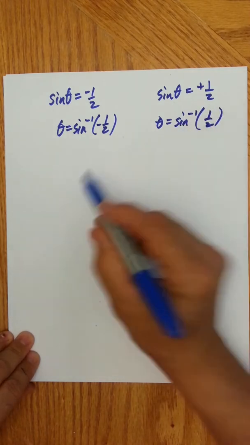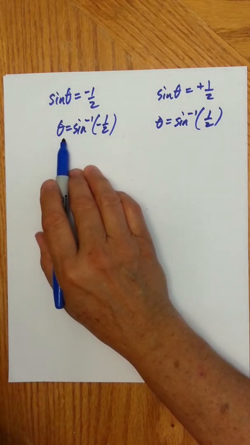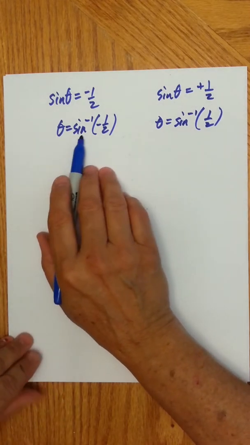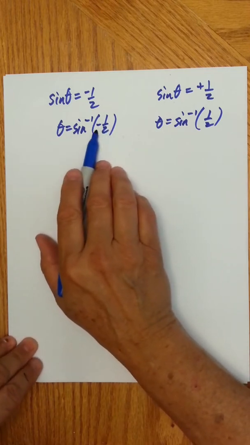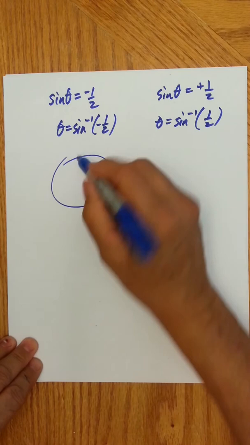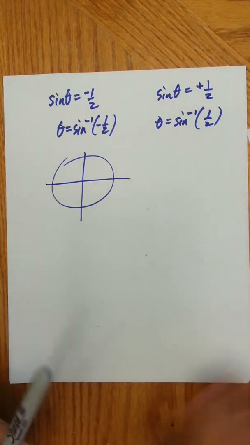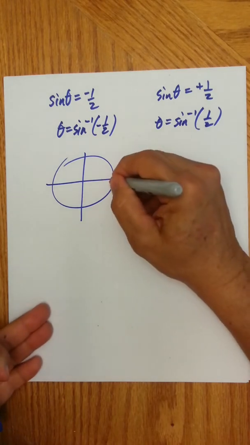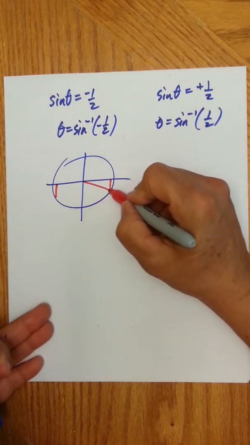Here I'm asking for what angle, technically between -pi/2 and pi/2, has a y-coordinate, because it's a sine function, of -1/2. That would be somewhere here and here, so I'm looking for that angle and that angle.